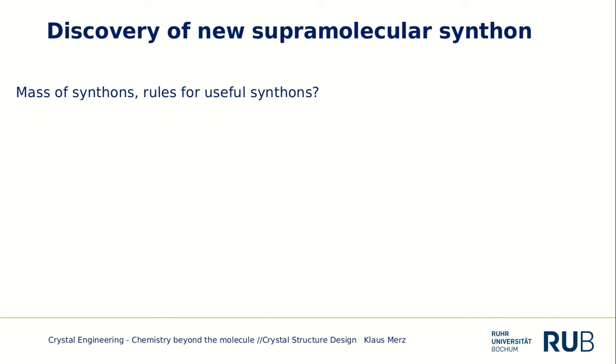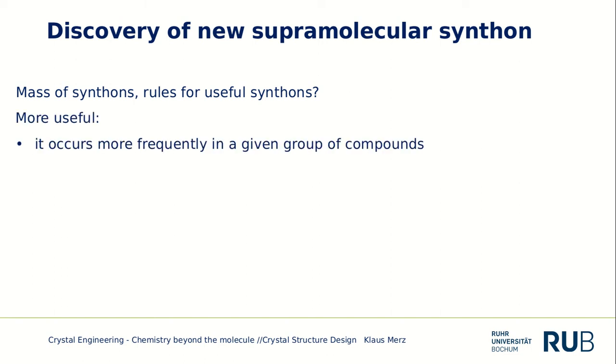The question is, are there some rules or something like this? Yes. I would say a suitable synthon occurs more frequently in a given group of compounds. More frequently. If you get one crystal structure with an interesting intermolecular interaction, this is not directly a supramolecular synthon.